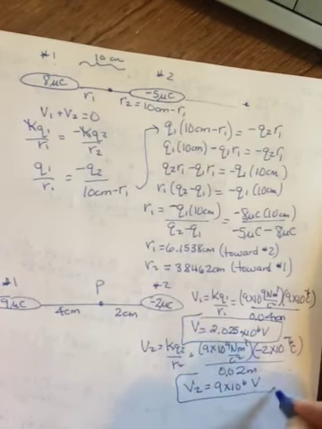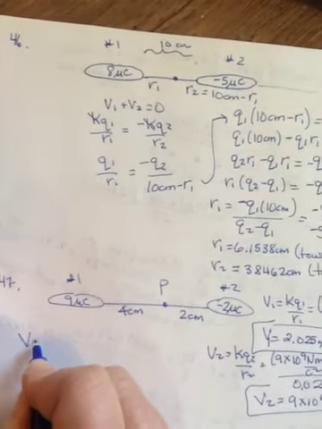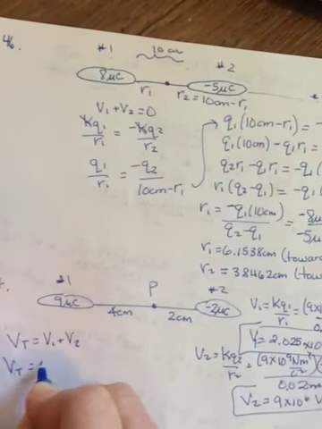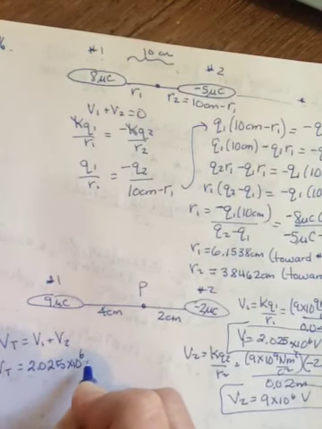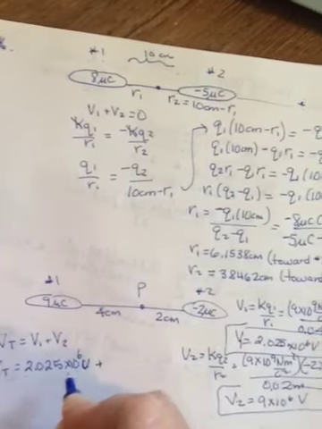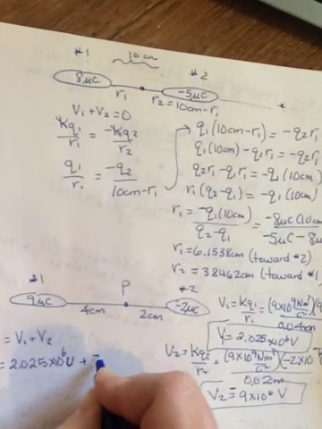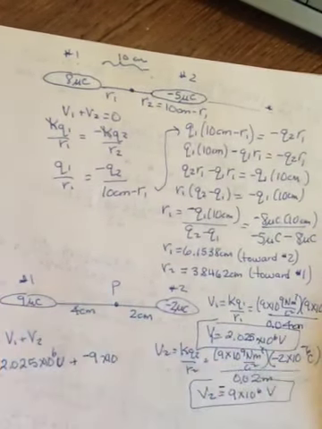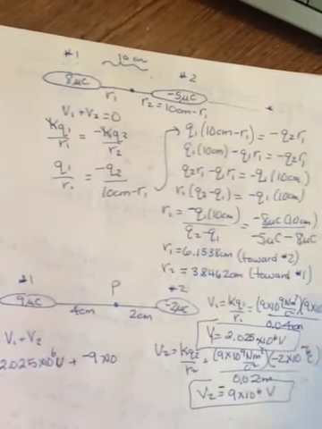We have our V2. The question wants to know what's the V total. So V total is just equal to V1 plus V2. So V total is equal to 2.025 times 10 to the 6 volts plus, and did I lose a negative? Yeah, this is a negative. Plus a negative 9 times 10, that's 5.